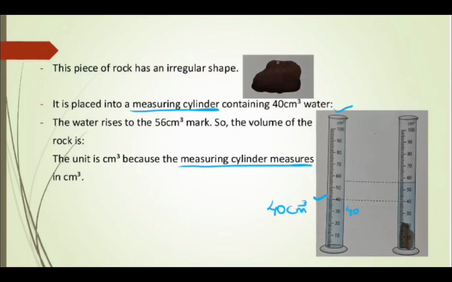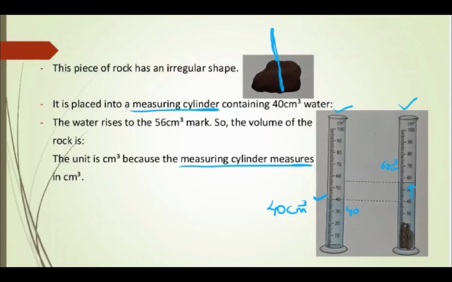Then this object will be tied with a string, and then it will be dipped into the measuring cylinder like this. Obviously, the water level will rise like it has risen here. So now, what is the new volume? It is 60 centimeter cube.